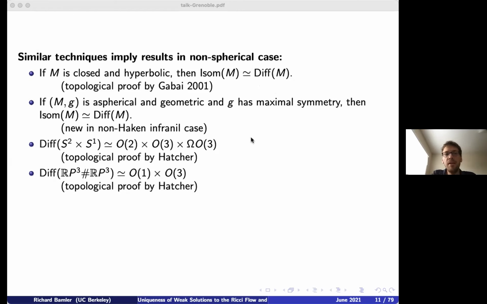And if the manifold is covered by S2 cross R, by a cylinder, we again obtain similar results, but these were proven by Hatcher, again using topological methods. But anyway, we get this very uniform treatment using just a single technique. These are essentially the topological results that I want to get at.